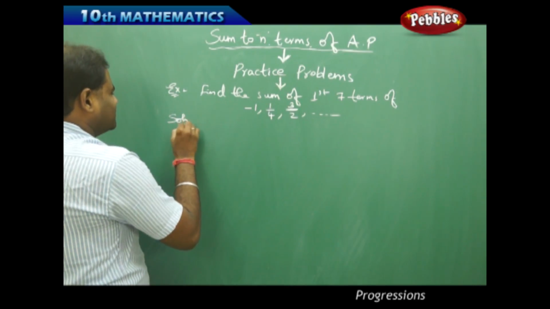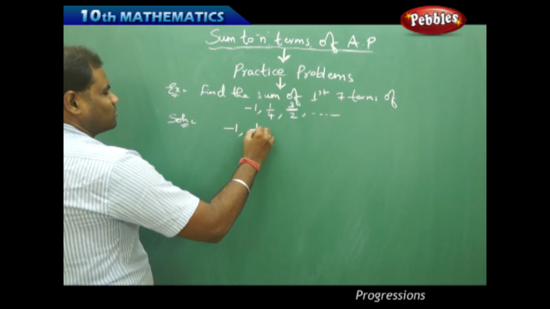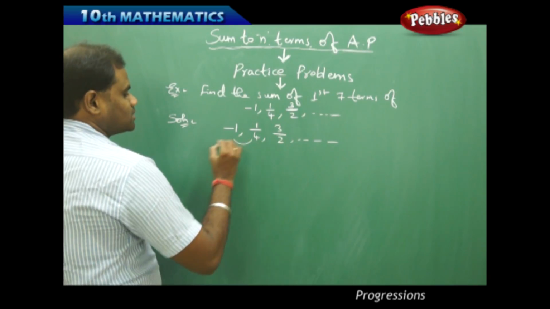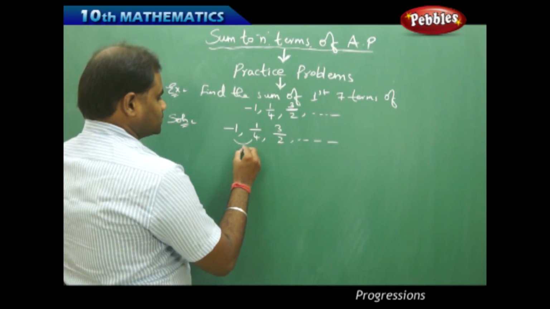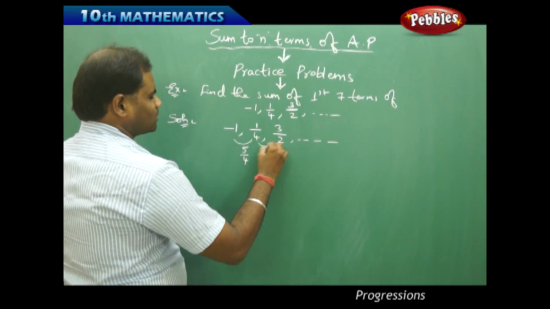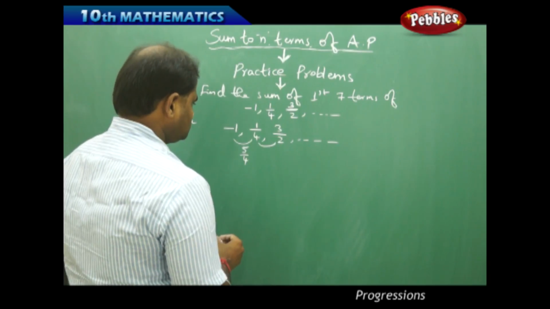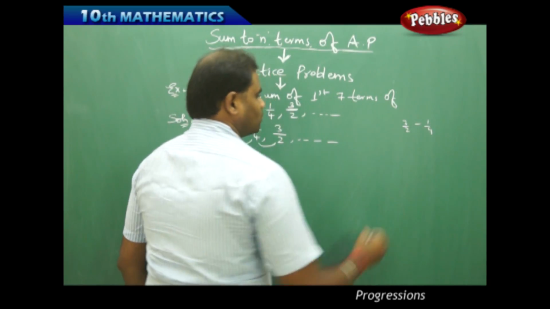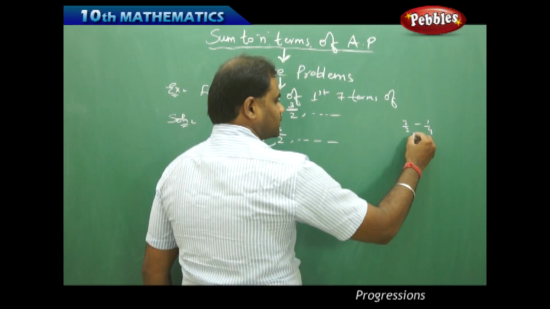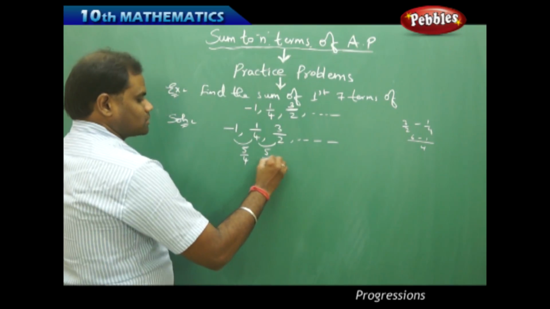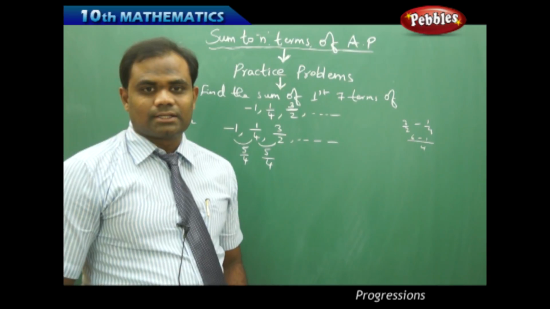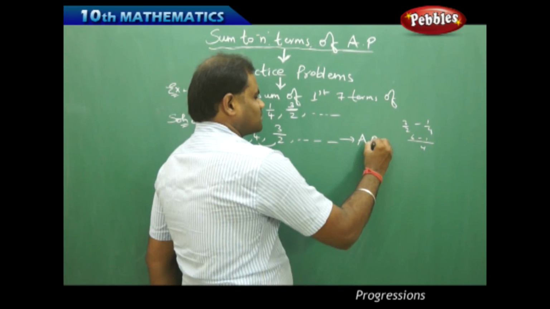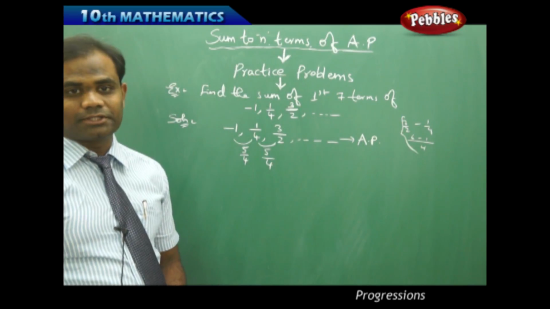As I clearly see here, the pattern is -1, 1 over 4, 3 over 2, and so on and so forth. The common difference here is 1 by 4 plus 1, which is 5 over 4, and the common difference here is 3 by 2 minus 1 by 4, which on simplification gives (6 minus 1) by 4, which is 5 by 4. So this is an arithmetic progression because the common difference is the same.